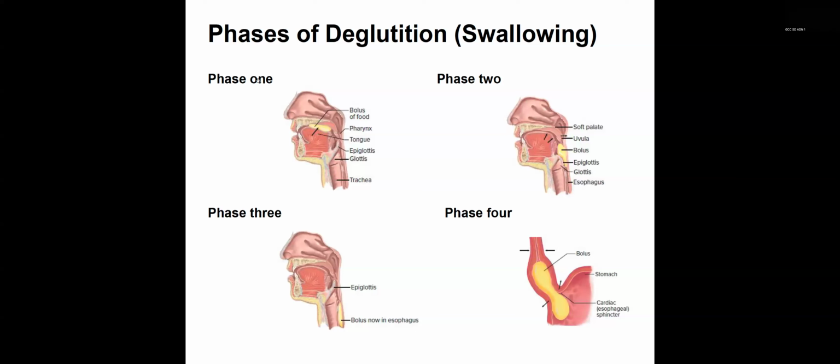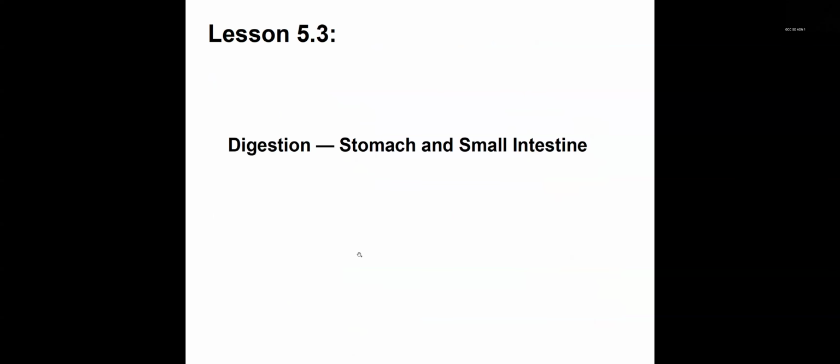So you can see all the different phases here, right? So you have the oral phase, the pharyngeal phase, the esophageal phase, and the gastric or stomach phase.